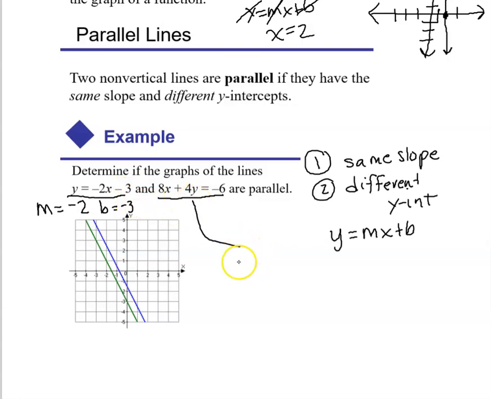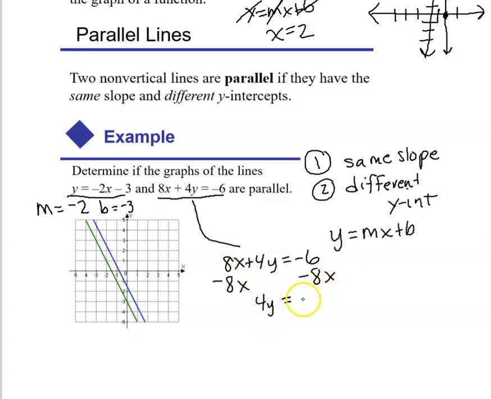But this one, 8x plus 4y equals negative 6, doesn't say y equals. It's not in that form, y equals mx plus b, for me to tell if it has the same slope and a different y-intercept. So I've got to solve this for y by subtracting 8x from both sides.